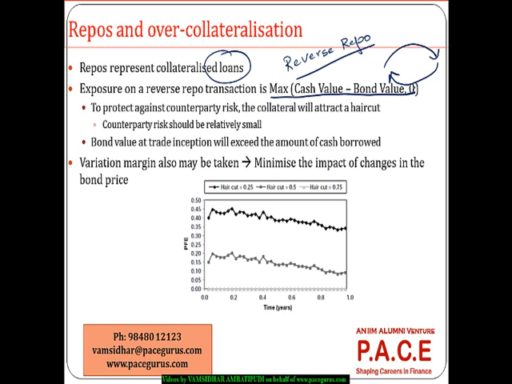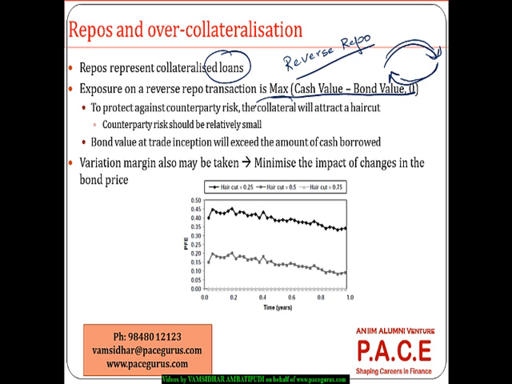So for him, the exposure is to the extent of either he will receive cash value minus the bond value, because he has already given some kind of cash, he has got the bond. So his exposure is to the extent of the difference between the two or zero. So the maximum of these two.